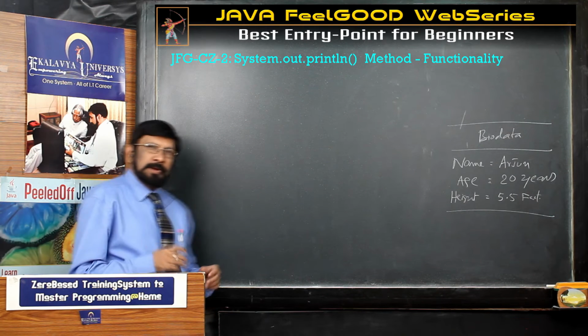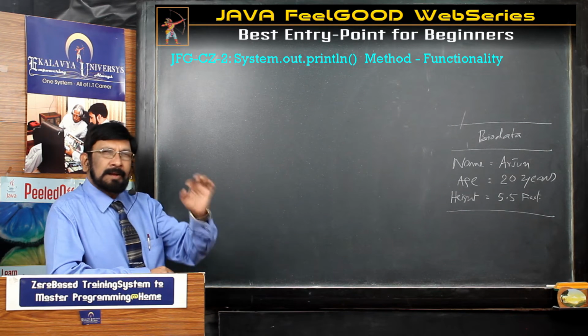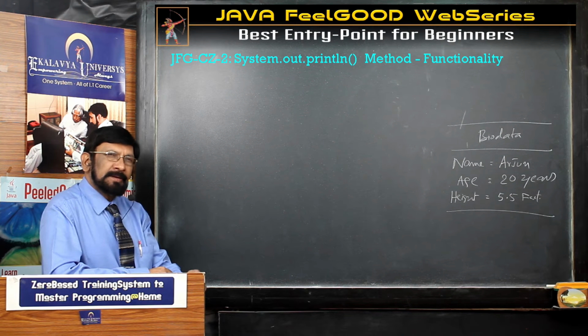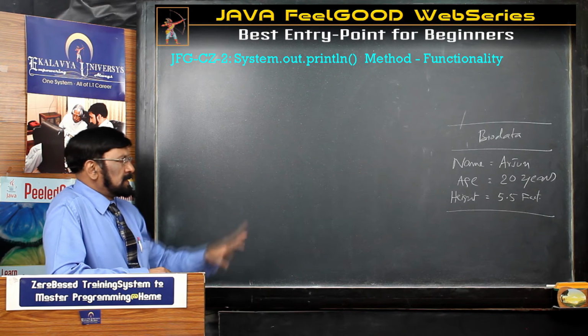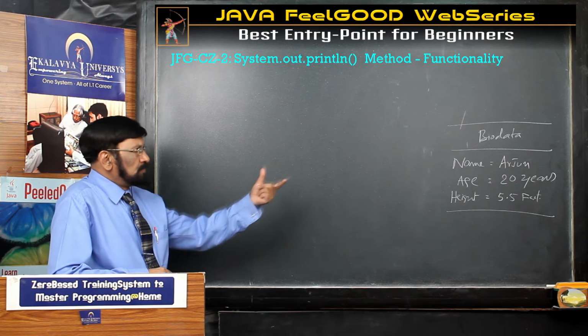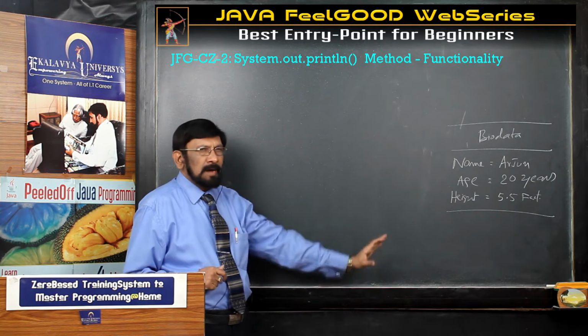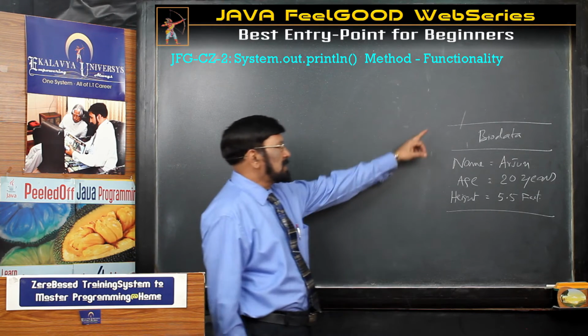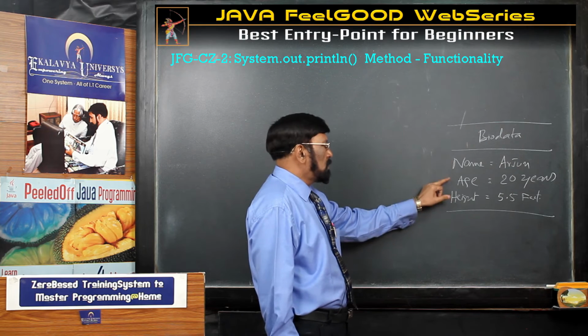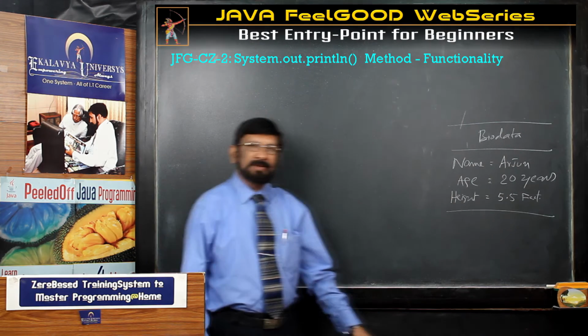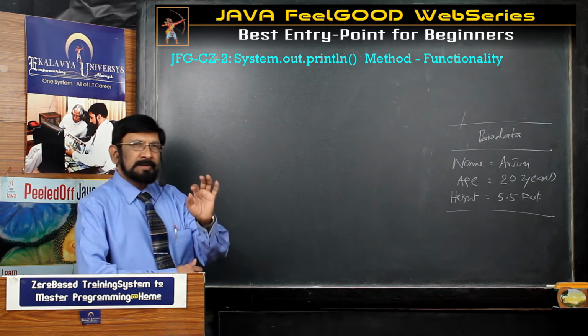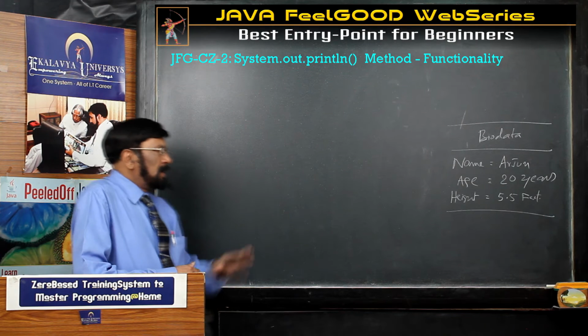In order to have a better and practical understanding of SOP statements, I will show you how to write all these statements. Here, how many are there? 1, 2, 3, 4, 5, 6, 7. Seven are there. That's why you have to write 7 SOP statements, and I will write the corresponding code also.